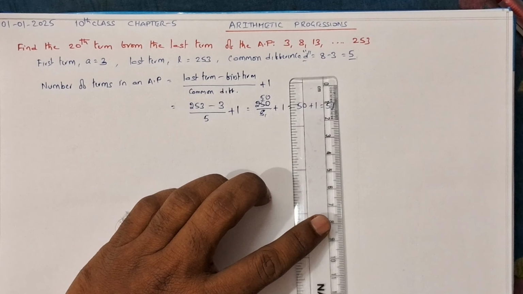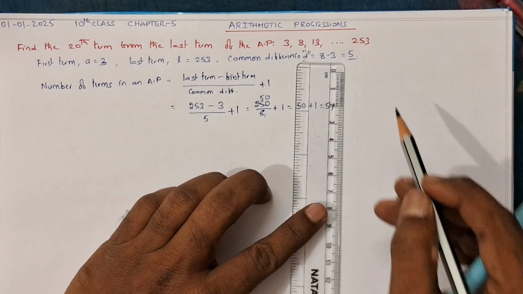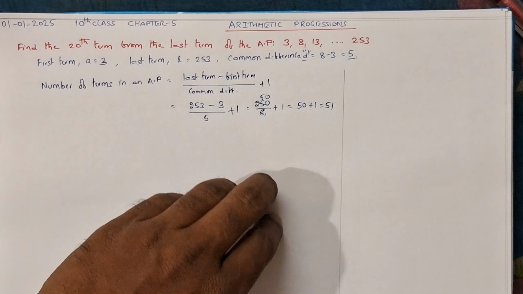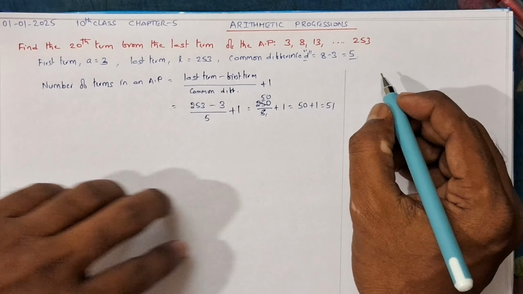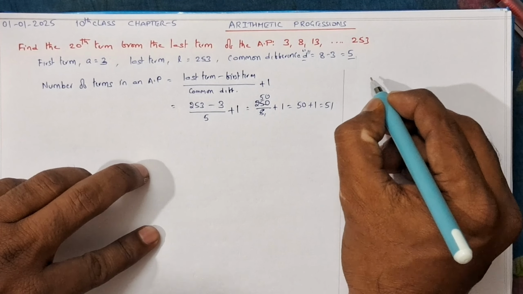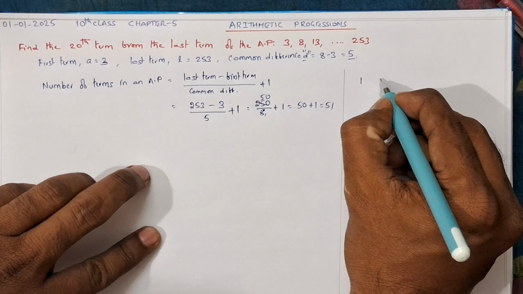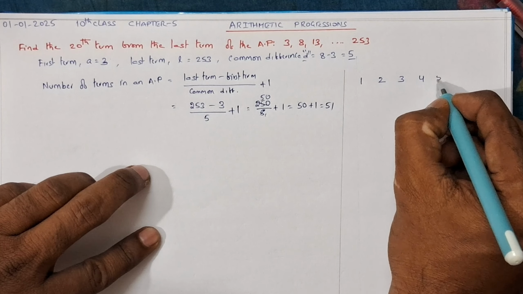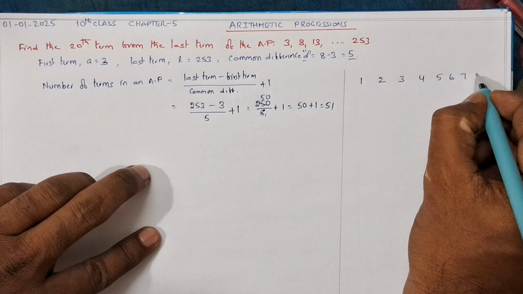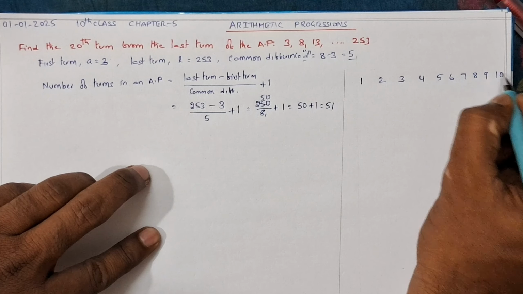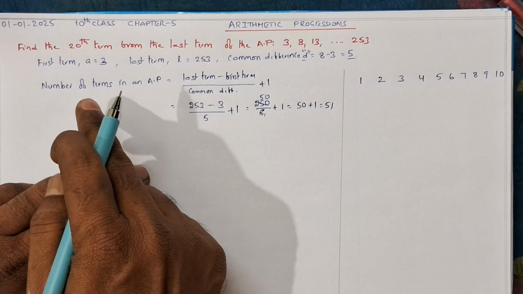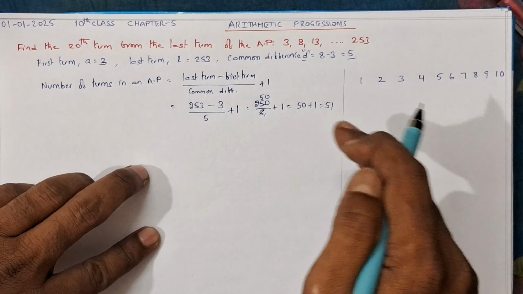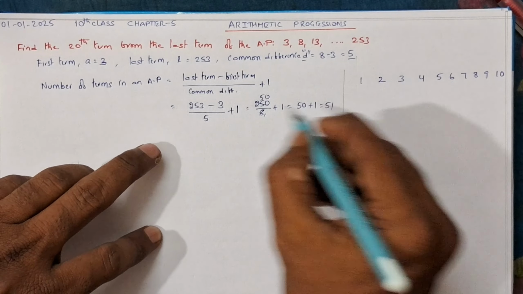I will just explain you why we will add 1 over here. Simple example, we will take 1, 2, 3, 4, 5, 6, 7, 8, 9, 10. Similar formula we will apply over here. Without adding 1, we will find out how many terms will come.